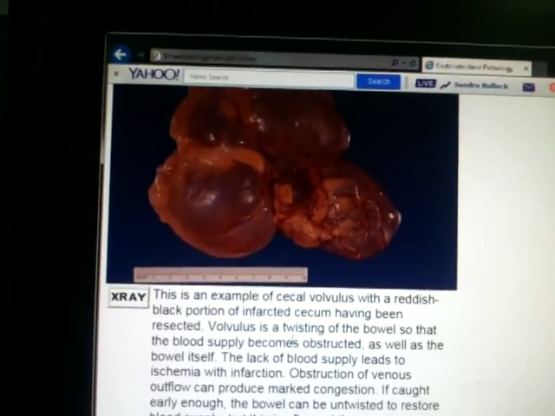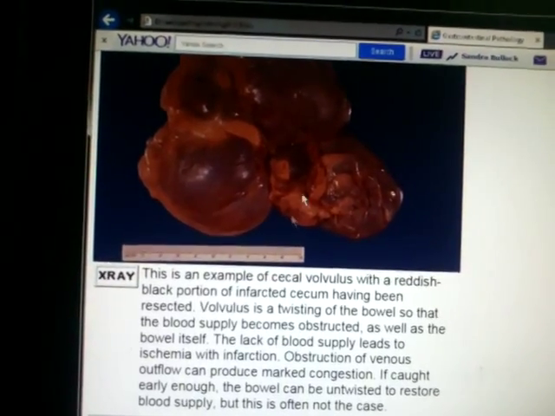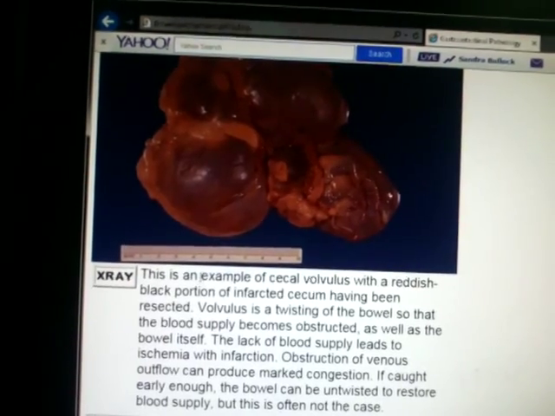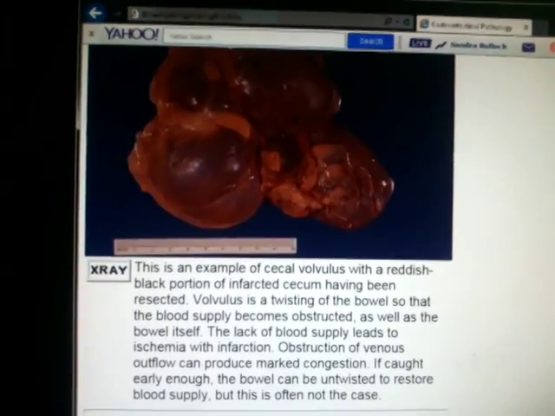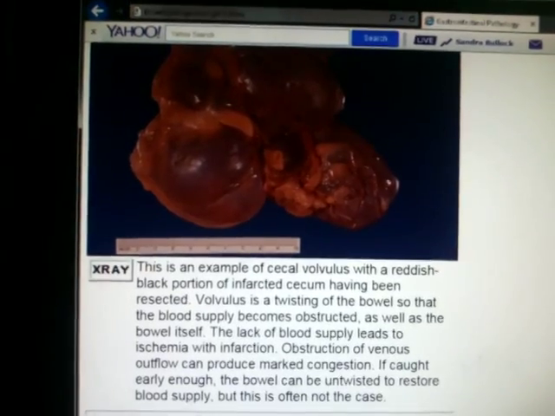At this level, the process is actually reversible. So when we relieve the obstruction, the patient will not suffer from infarction.